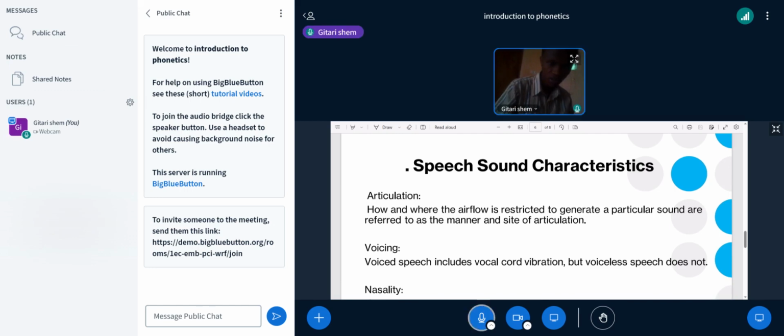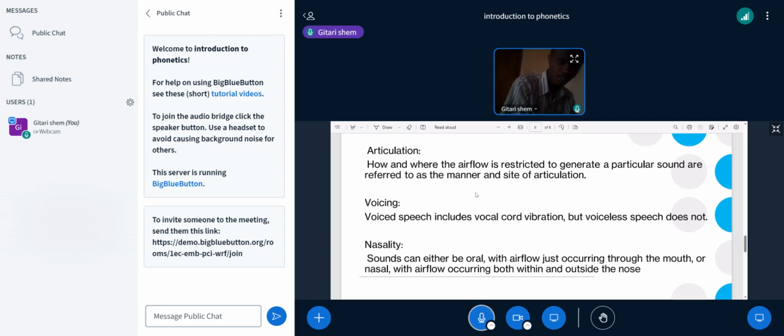So speech sound characteristics. The first characteristic of speech sound is articulation. Articulation, how and where the airflow is restricted to generate a particular sound, are referred to as manner and site of articulation.